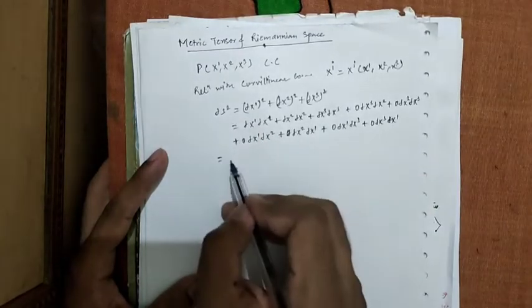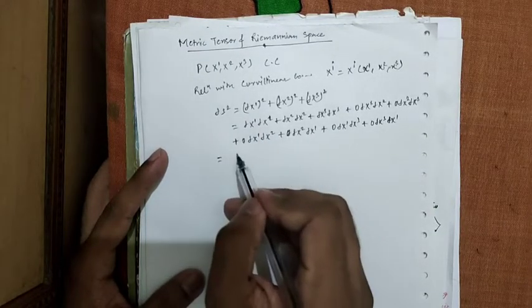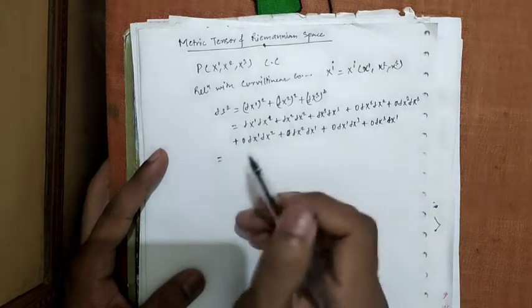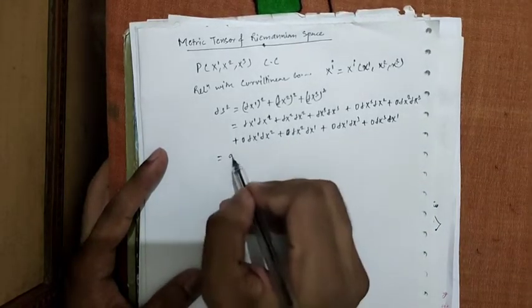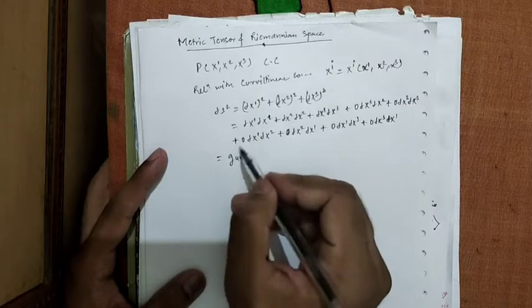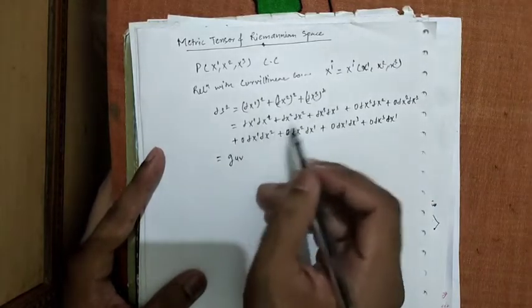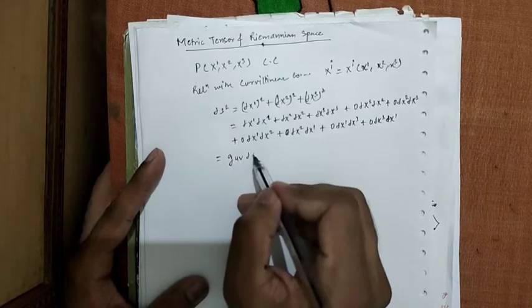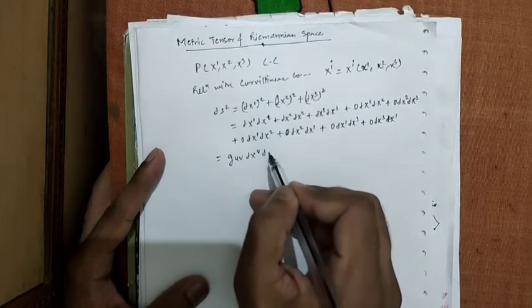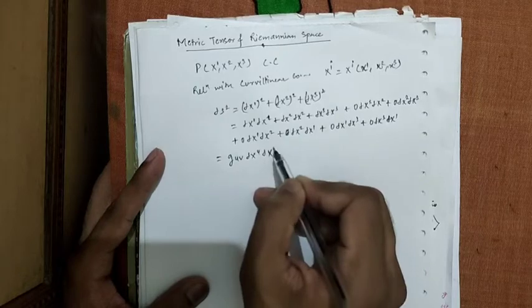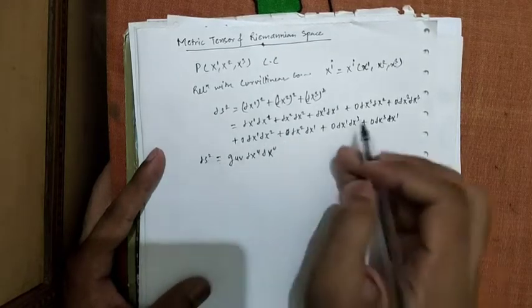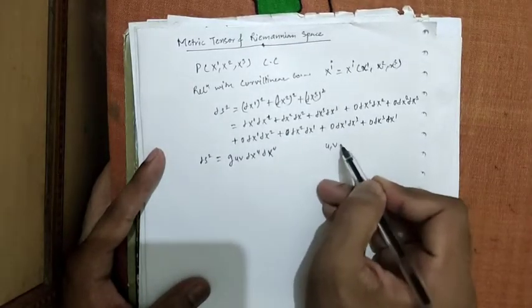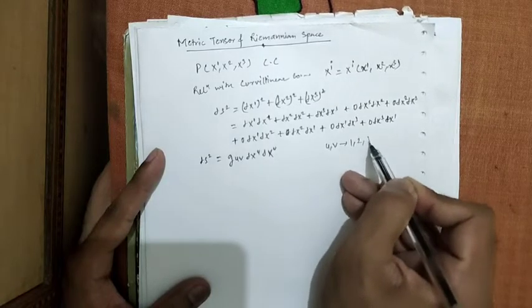Recapitulating everything, we can write all of them with these 1s and 0s as g_uv, which represents the coefficients for these distances, times dxu dxv, where u and v vary from 1, 2 and 3.